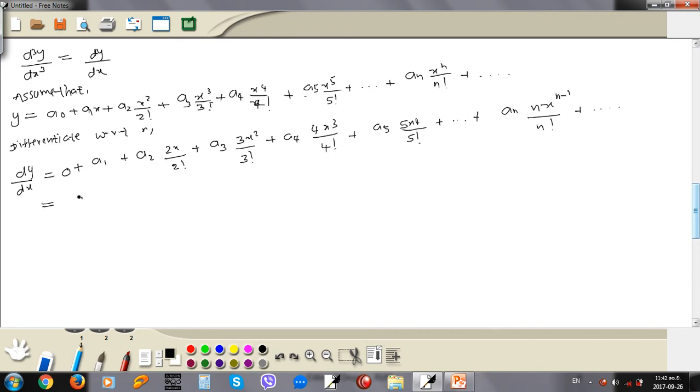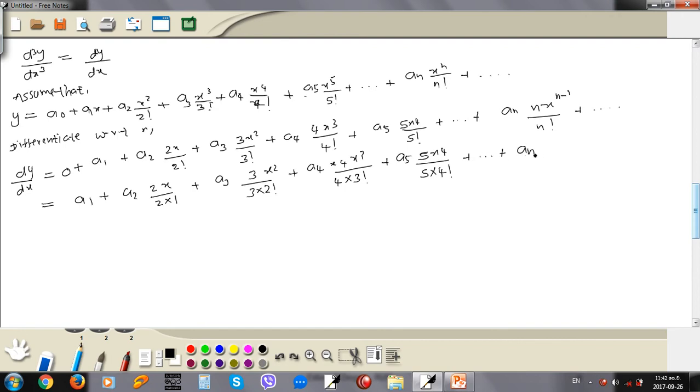So dy by dx we can write a1 plus a2 times 2x multiplied by 2 multiplied by 1, that is factorial 2, then a3 times 3x squared, this we can write 3 multiplied by factorial 2, a4 plus 4x cube, this we can write 4 multiplied by factorial 3, plus a5 5x to the power 4 divided by 5 multiplied by factorial 4, this you can write an n x to the power n minus 1 divided by n into n minus 1 factorial, plus up to infinity.